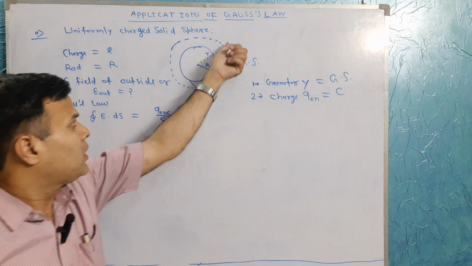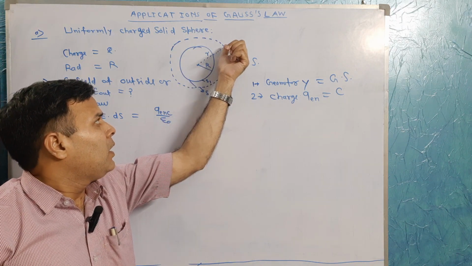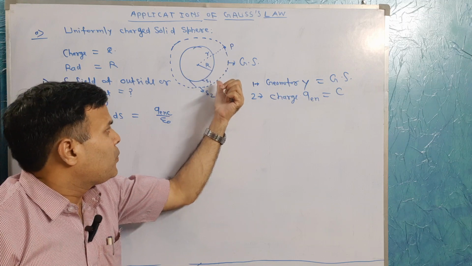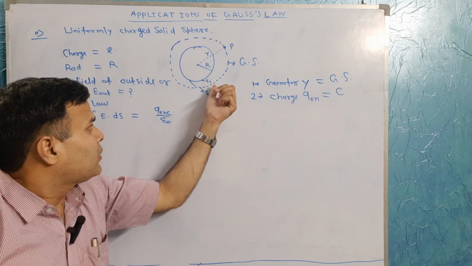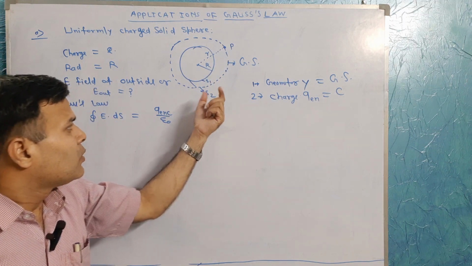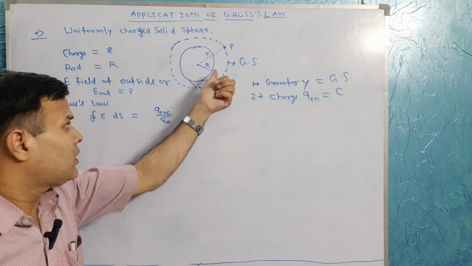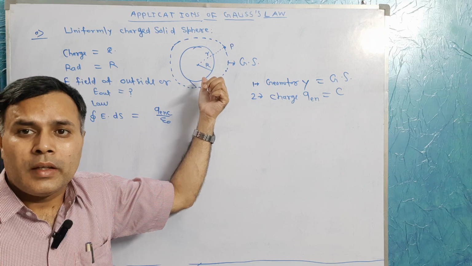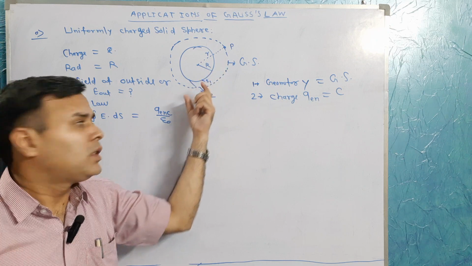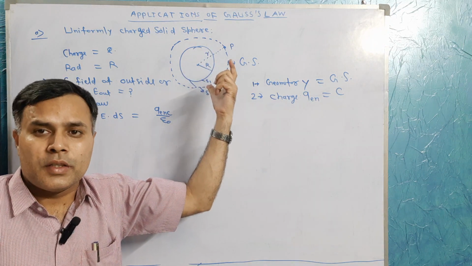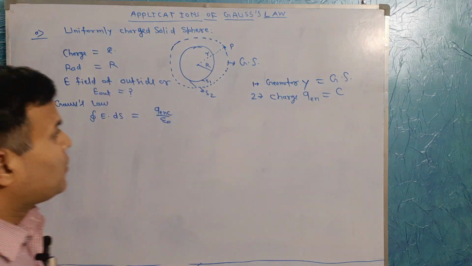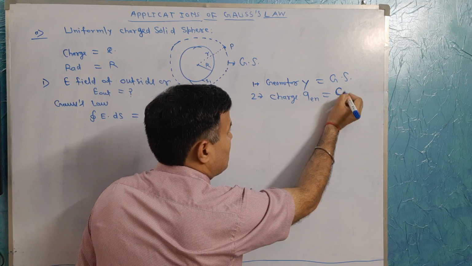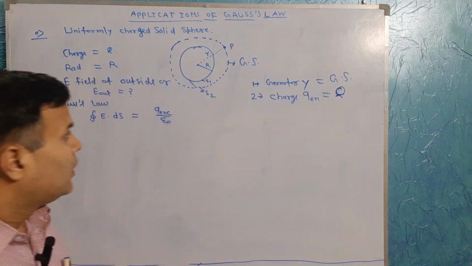We want to find the electric field at any point P which is outside, so we want to find the electric field corresponding to this S2 surface. The charge enclosed in this S2 surface is simply Q, because this sphere is uniformly charged.